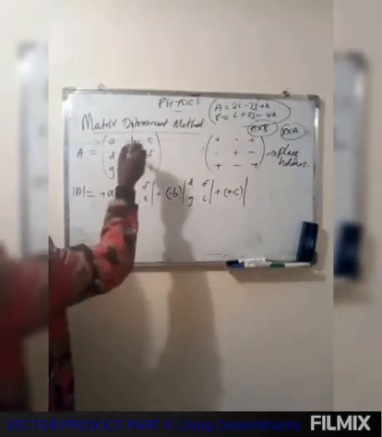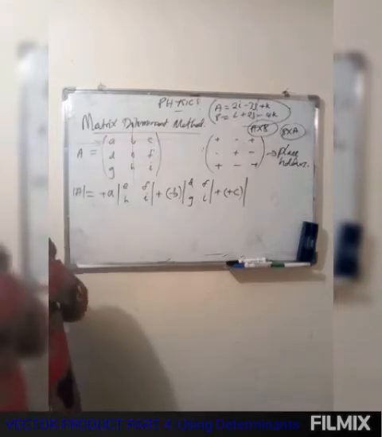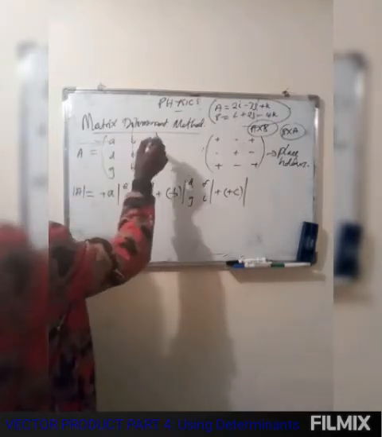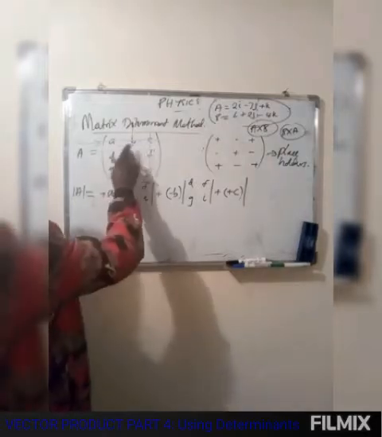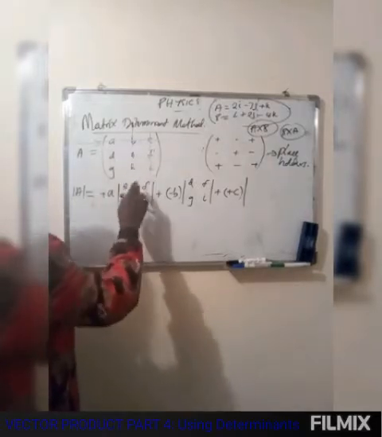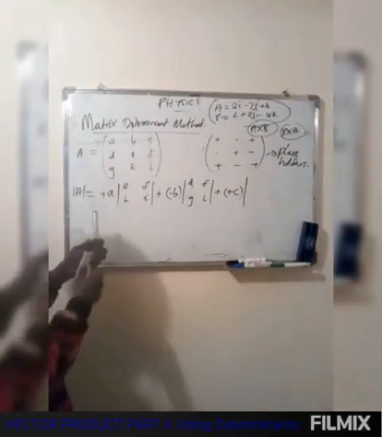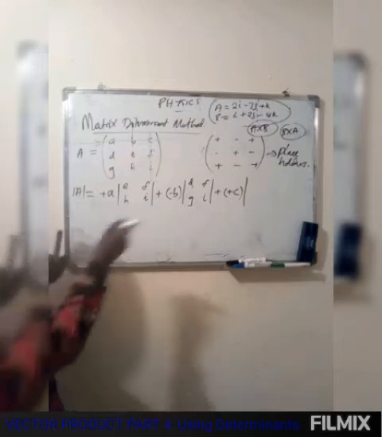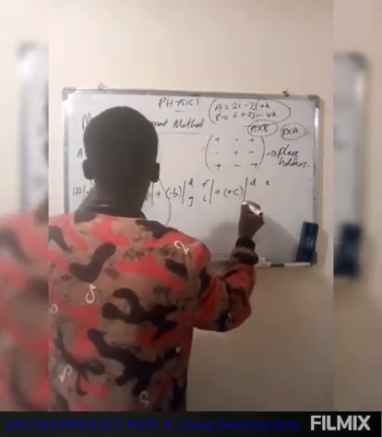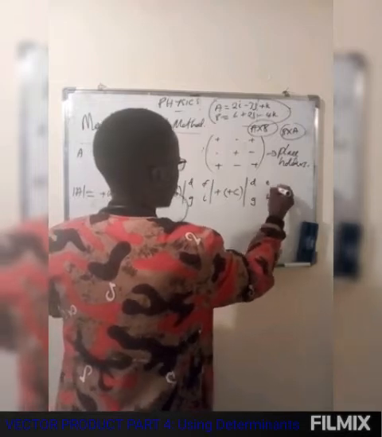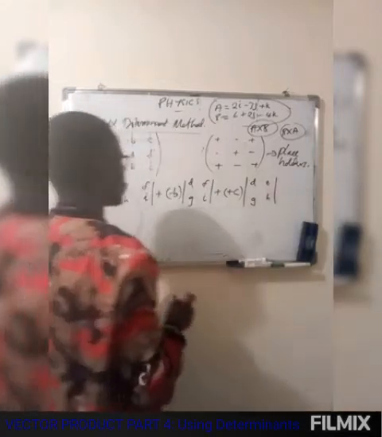So what am I going to remain with? D, E, G, H, like that.